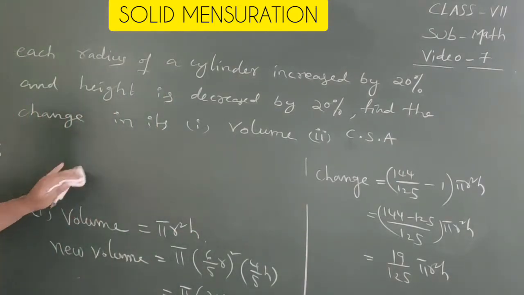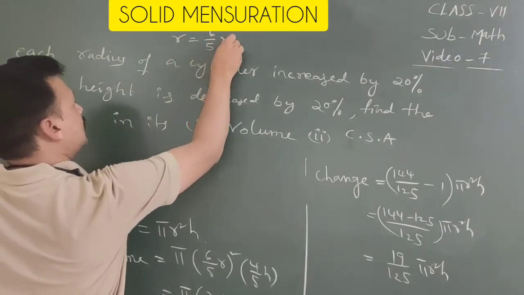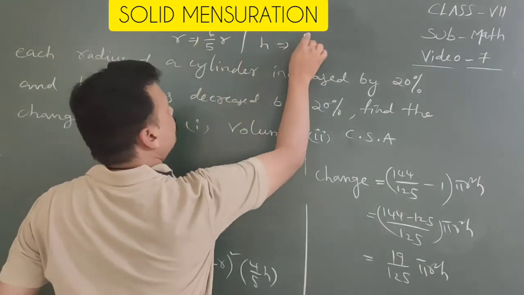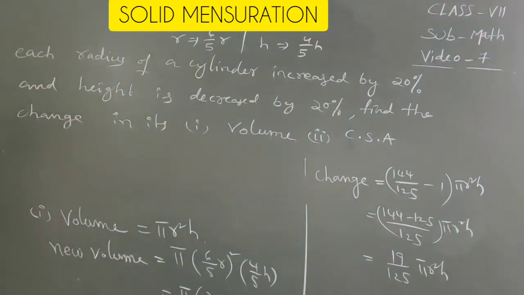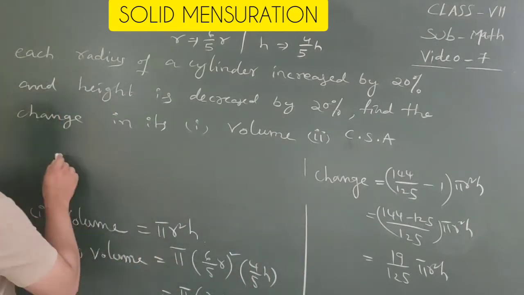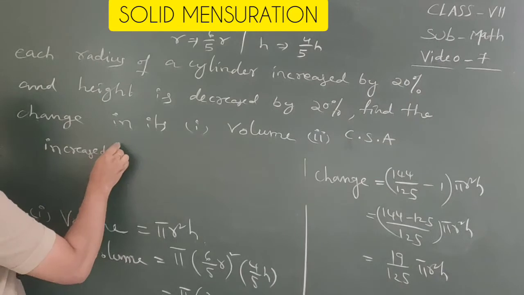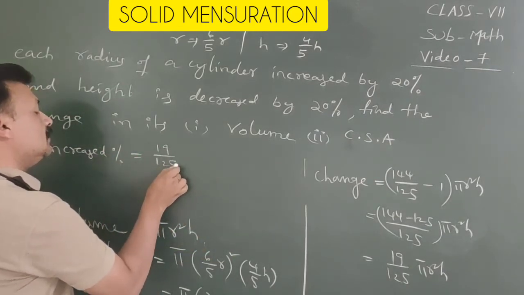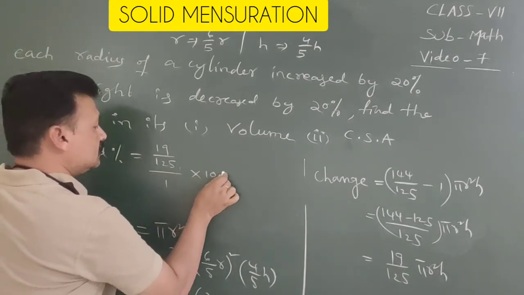Remember these two things. Here R becomes 6 by 5 R and H becomes 4 by 5 H after an increase of 20%. Now increased percent equals increase in value by original value into 100.